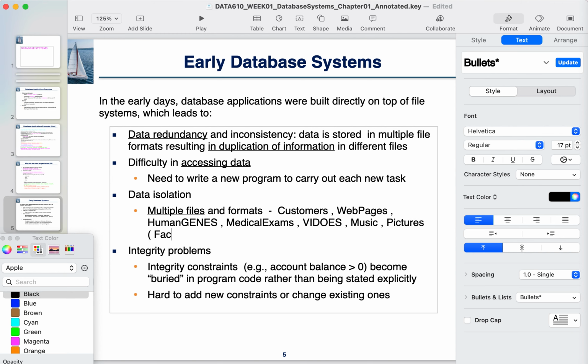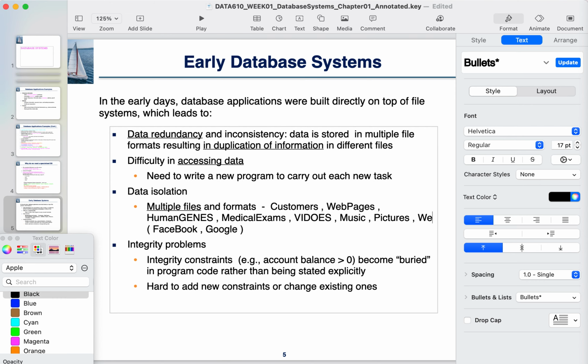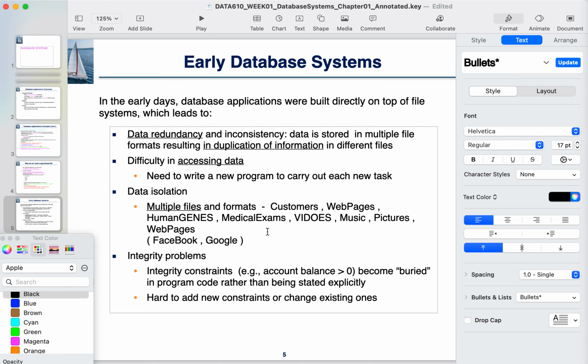How about Facebook and Google? We could be storing web pages. All of these would be unique file formats that are placed into the database.